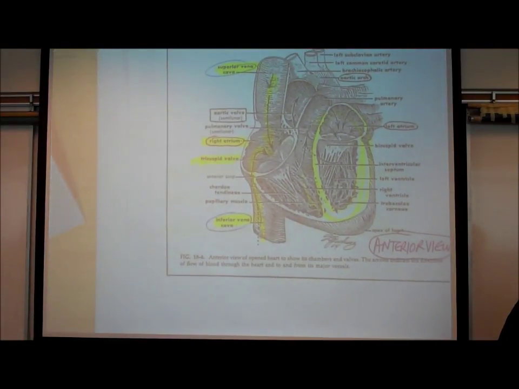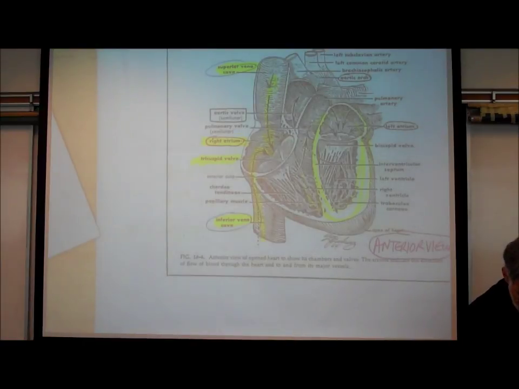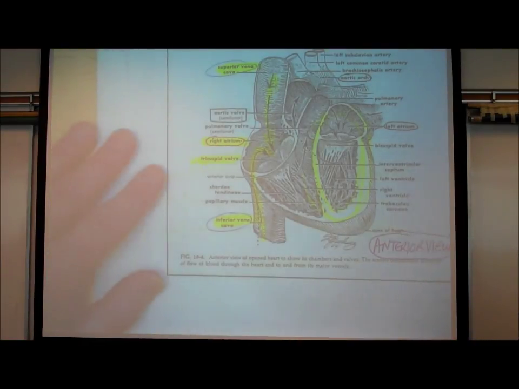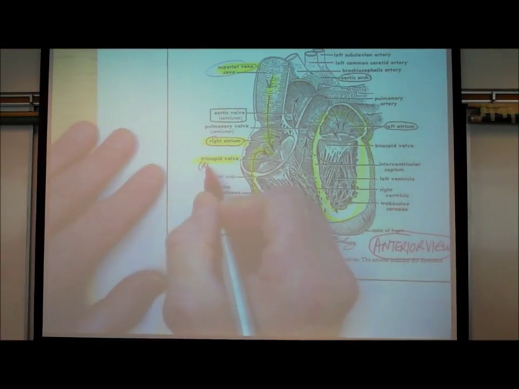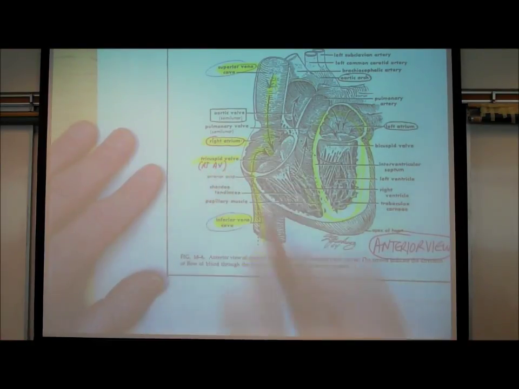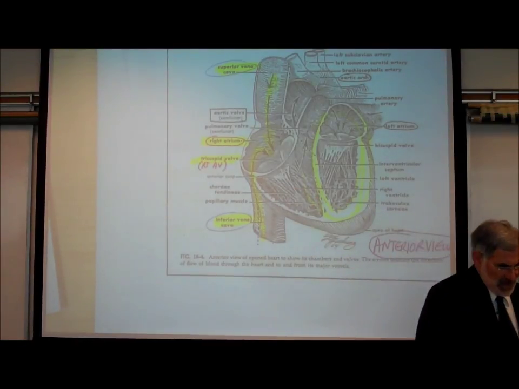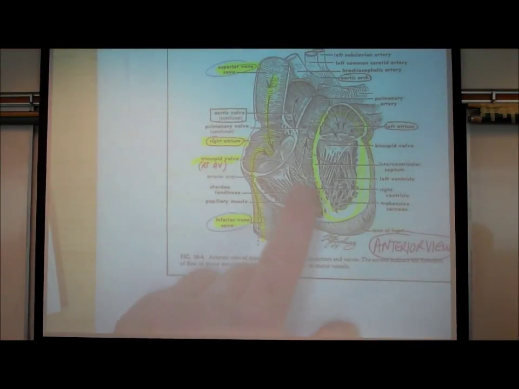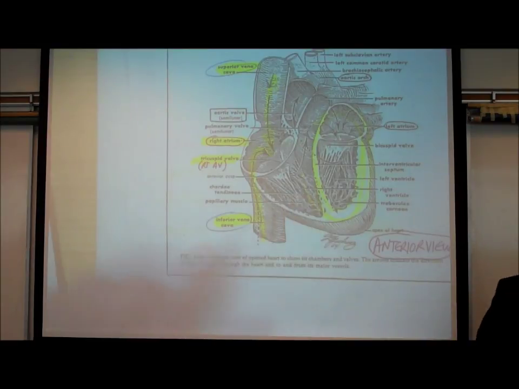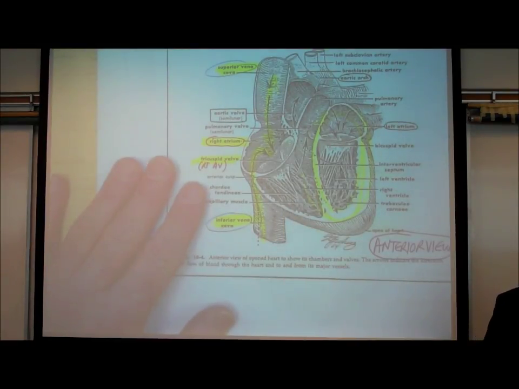What's the other name for the tricuspid? The right AV valve. So this is the tricuspid or right AV valve, and the blood goes down here to the right ventricle. Let me tell you a little bit about the valve.